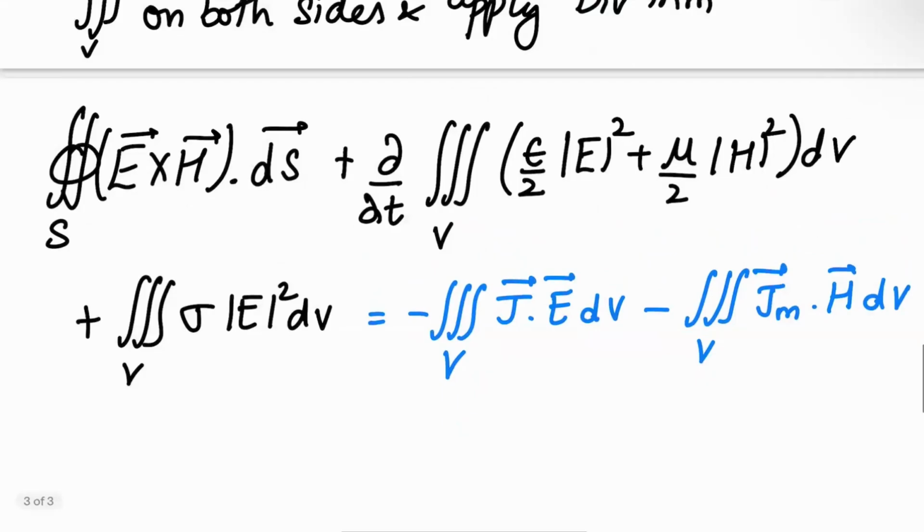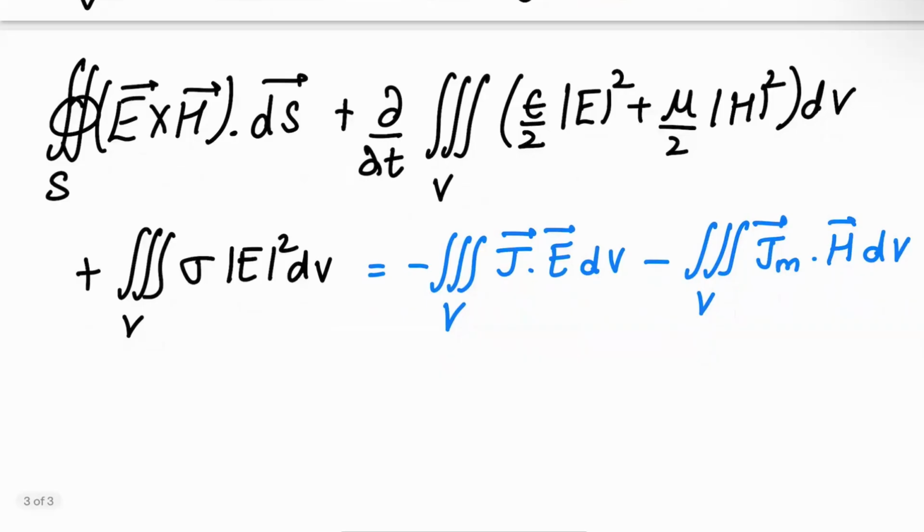Okay, so maybe we can start with the left-hand side, or let's do the right-hand side. This has units of volts times ampere, right? Because J is ampere per meter square, E is volts per meter, and you have an integral over a volume, so you get volts times amperes.